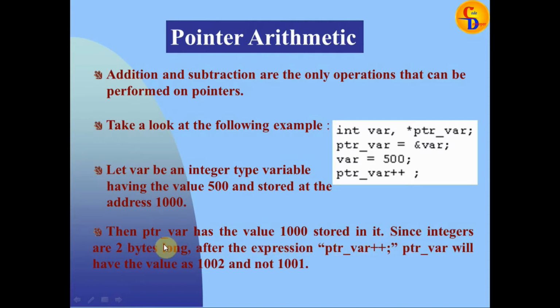Since integers are 2 bytes long, after the expression ptr_var plus plus, the pointer variable will have the value 1002 and not 1001 because of this integer variable. So an integer has to occupy 2 bytes, so the initial address is 1000 and the next address is 1002.